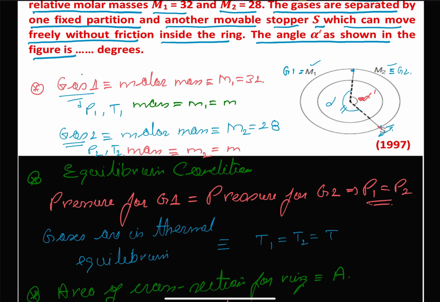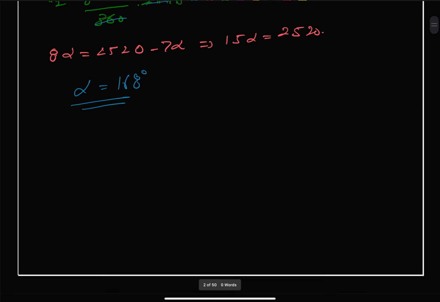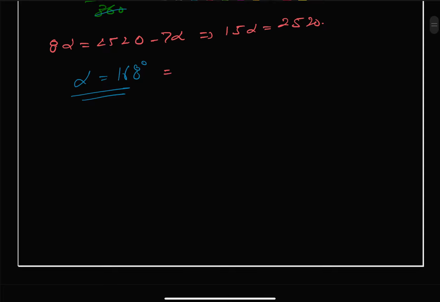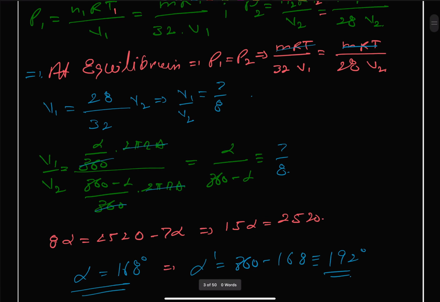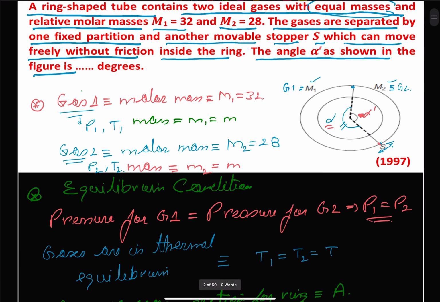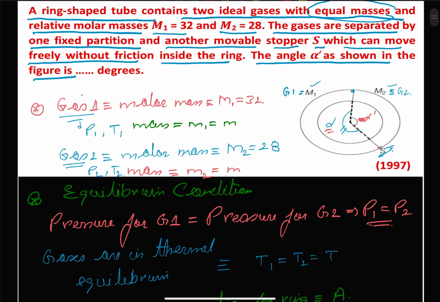I just found out alpha, so I'm going to subtract it from 360. Therefore we can say that our alpha prime will be equal to 360 minus 168, giving us 192 degrees. Now it's the correct one. There is no change in the solution. So this will be our 192.